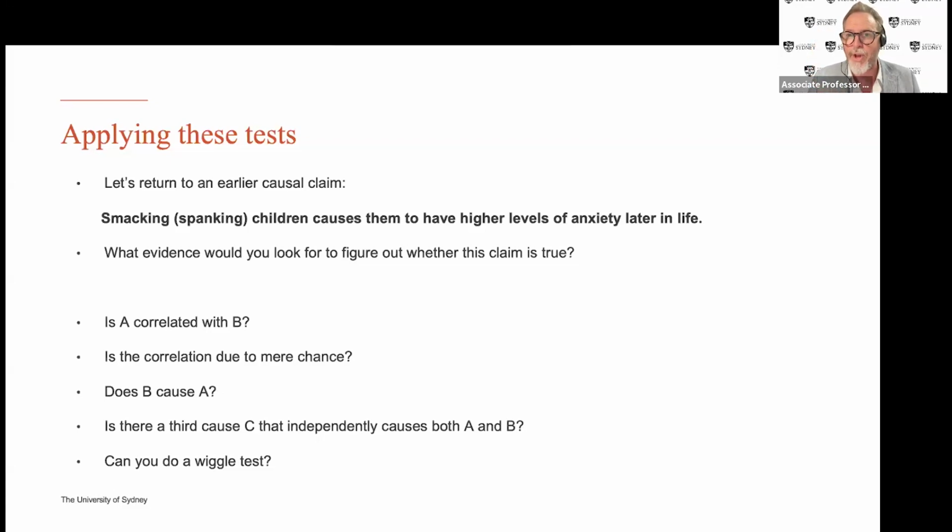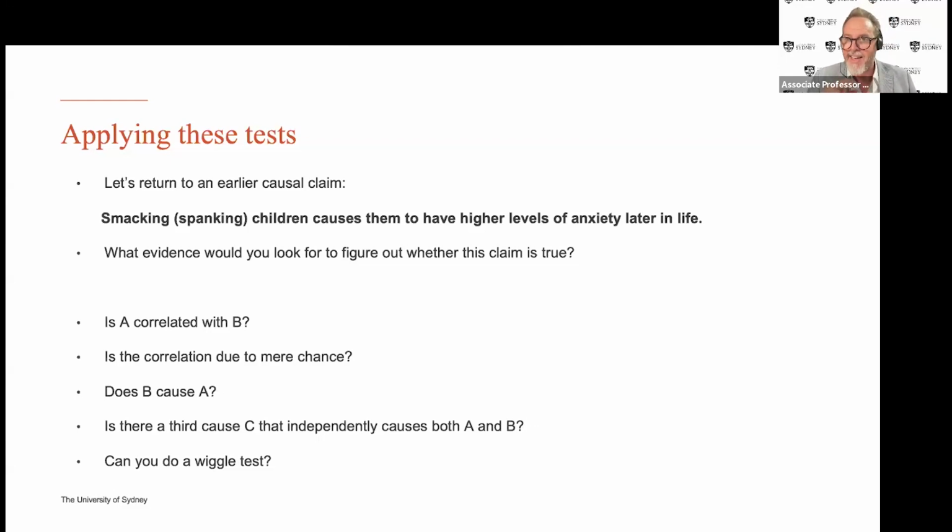Could there be a third thing, C, which causes children to be more likely to be smacked and independently causes them to have higher levels of anxiety later in life? Can we do a wiggle test to figure out whether it's the smacking that causes the higher levels of anxiety, or something else which causes both?